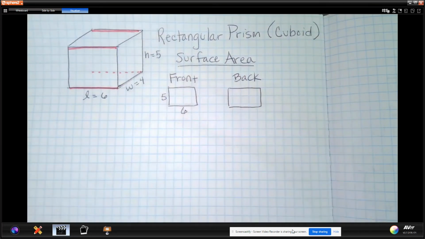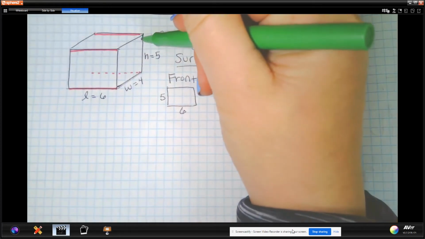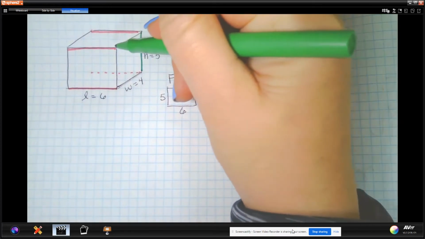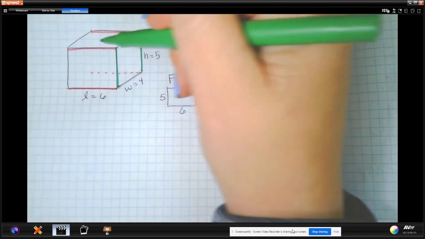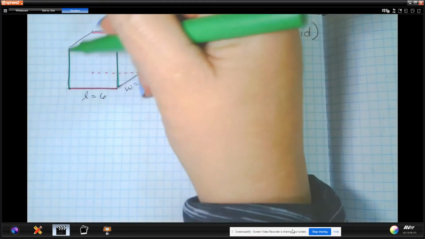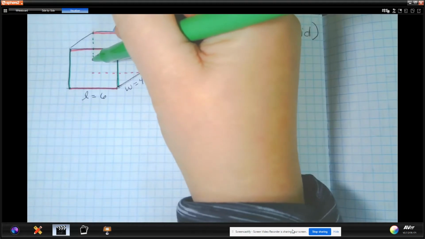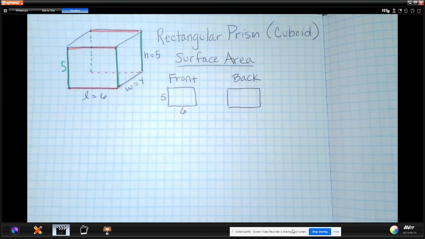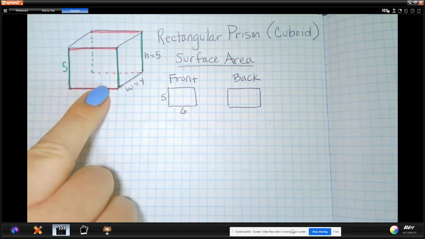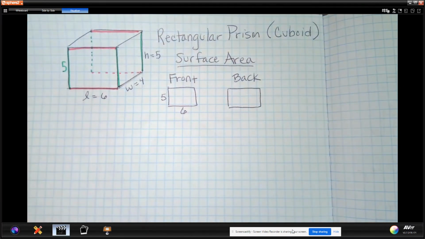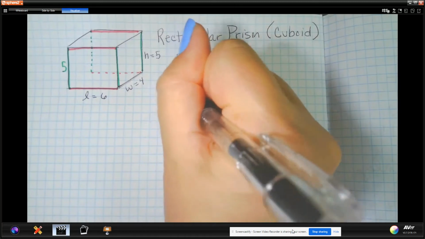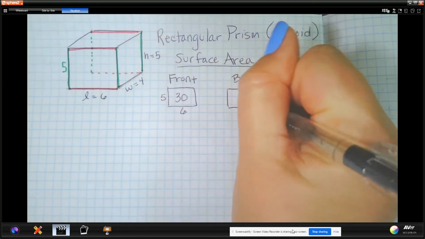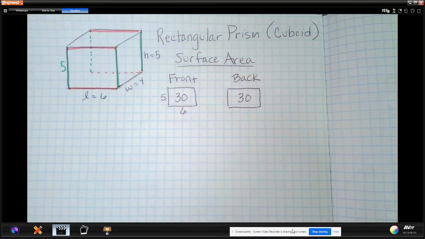And I know that because this height on the side is 5, which is the same as this height and this height, and that height hiding in the back. Those are all 5. So to find the area of the front, I'm going to do 5 times 6, which is 30. And the back is going to match. They're going to be the same.